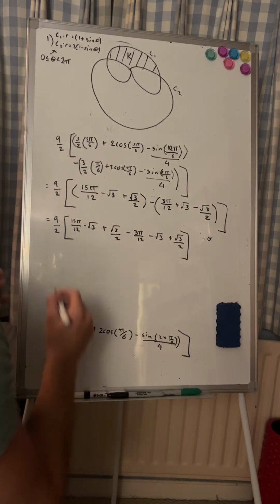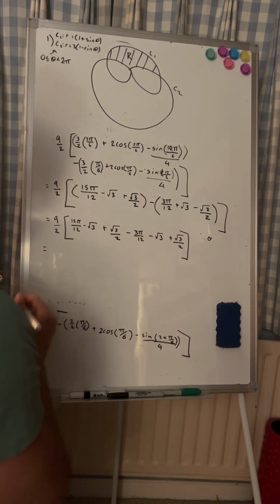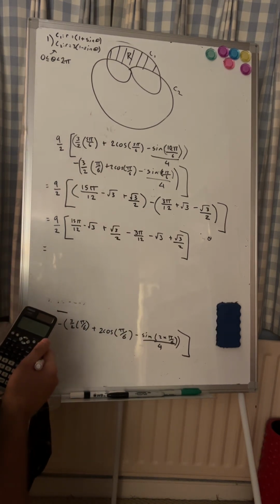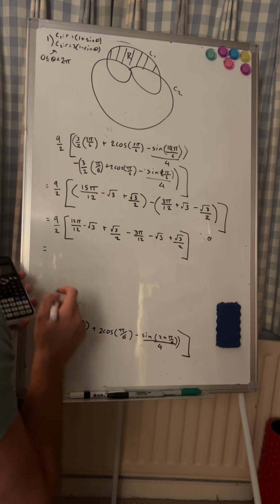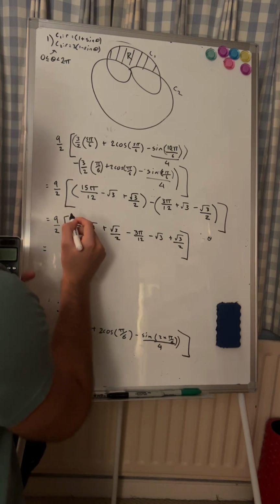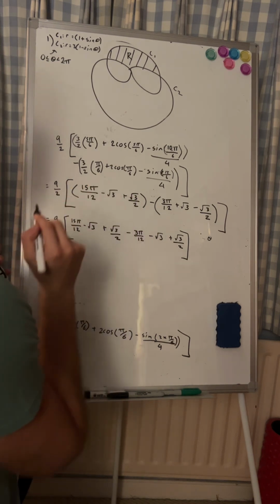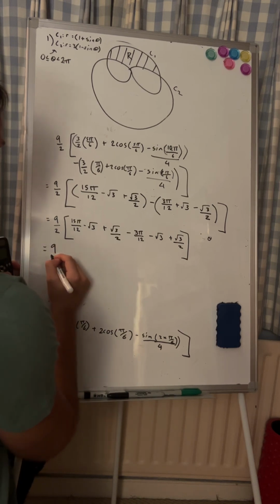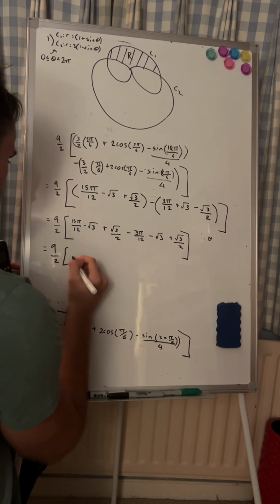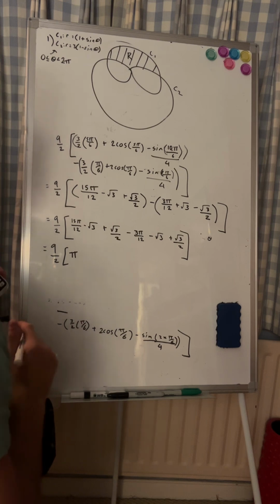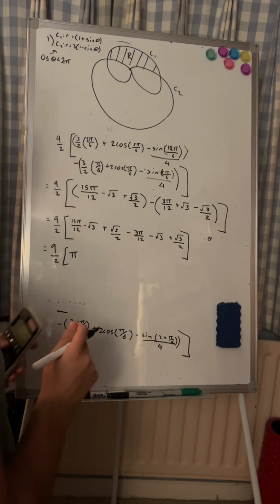Now, what can we deduce from this? We're going to separate the surds and the non-surds, the ones with the pi in it. So 15 pi over 12 minus 3 pi over 12 is pi. Which is good. That's a good sign that you're doing something right when you get nice normal numbers.